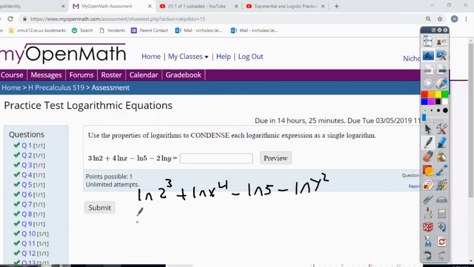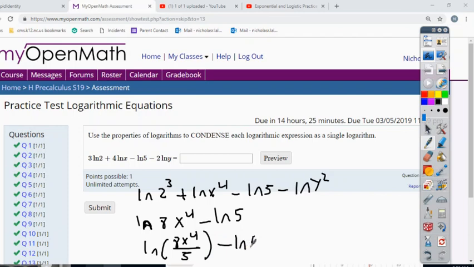Condense, this will become the natural log of 8, 2 cubed is 8, 8x to the 4th minus the natural log of 5. All right, minus the natural log of 5. Then you have, that's equal to the natural log of 8x to the 4th over 5 minus the natural log of y squared.